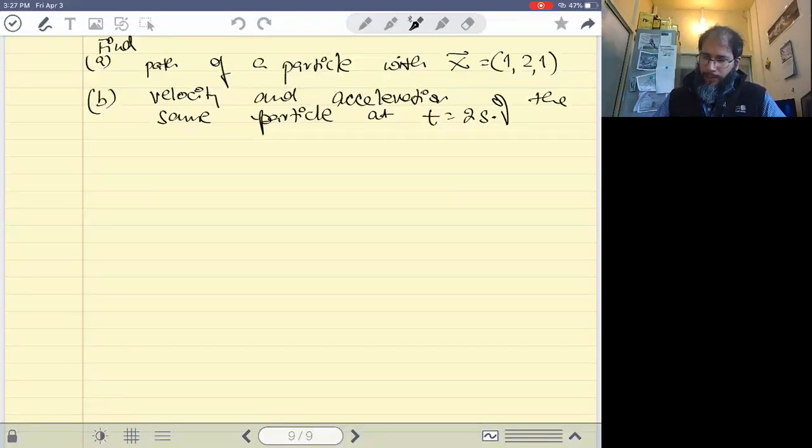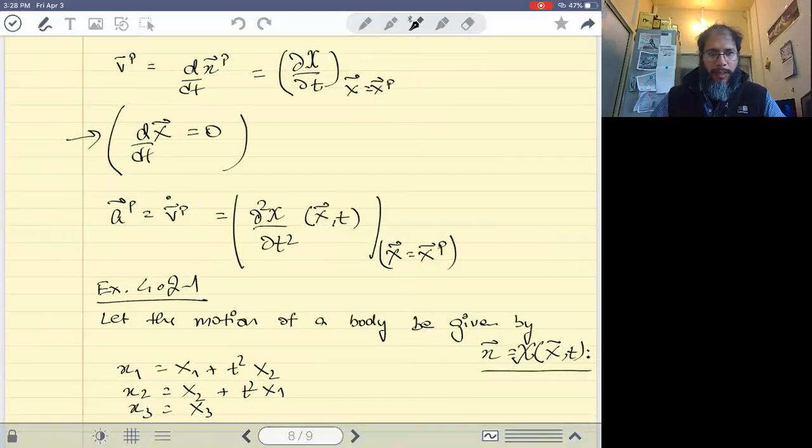So, part A. We're interested in the point P, which was at (1, 2, 1) in the reference configuration. So if I go back to the equations, I can substitute capital X1 equal to 1, capital X2 equal to 2, and capital X3 equal to 1, because that is the point we're interested in.